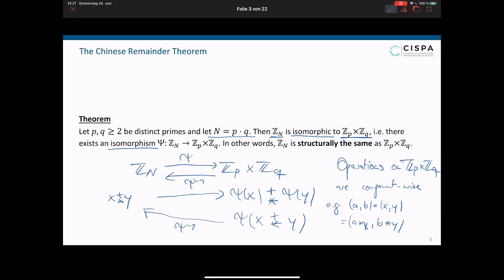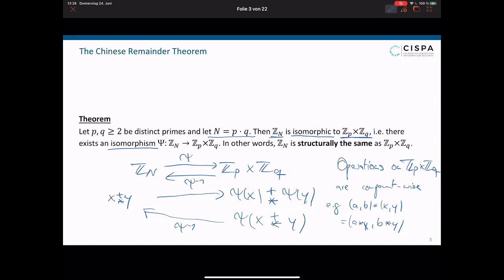Why we generally refer to this as the Chinese remainder theorem is because we know that in ancient China, astronomers used this theorem to compute alignments of planets. Let's say, I could go much deeper into this, but probably I won't have time.